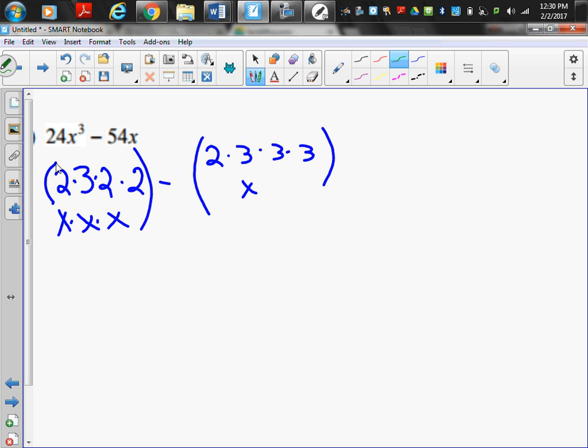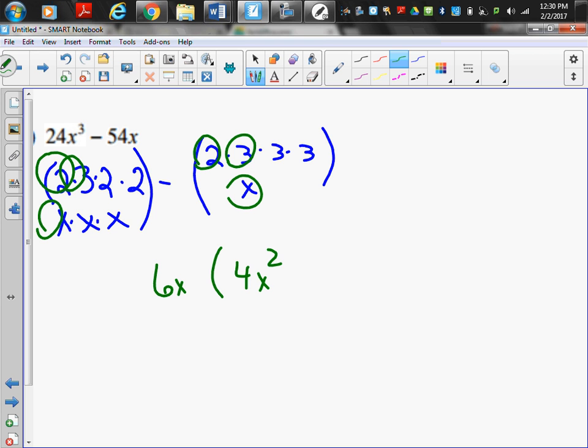So I have a 2 and a 2, a 3 and a 3, an x and an x. So 2 times 3 is 6, so I have 6x. Now, 2 times 2 is 4, x squared minus 9. I said 2 times 3, but I already took 3 out.